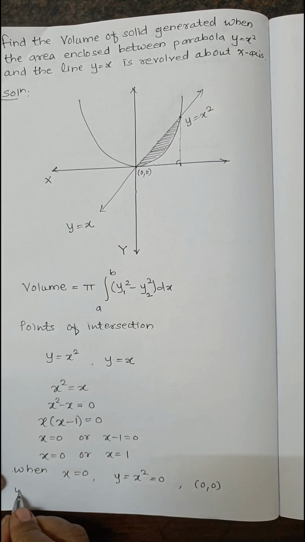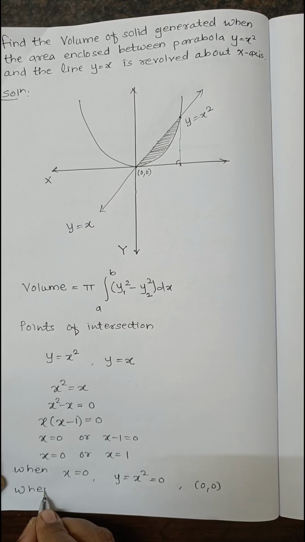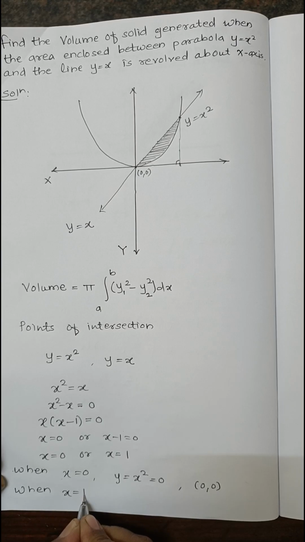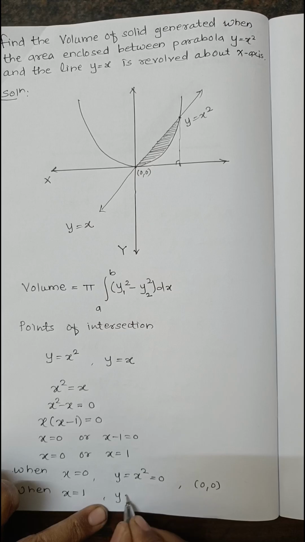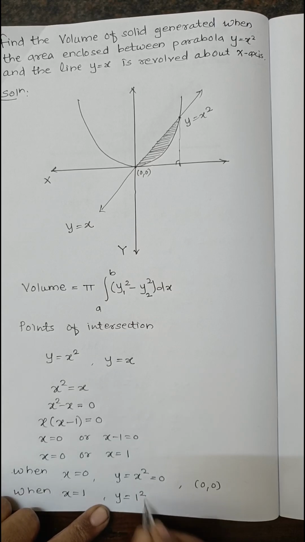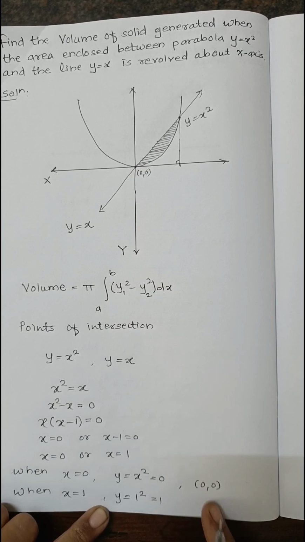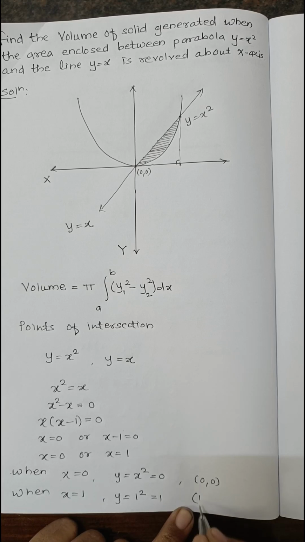Now when x is 1, y is equal to 1 square, which is 1, so when x is 1, y is also 1, which means the second point of intersection is 1, 1. First point of intersection 0, 0 and second point of intersection 1, 1.